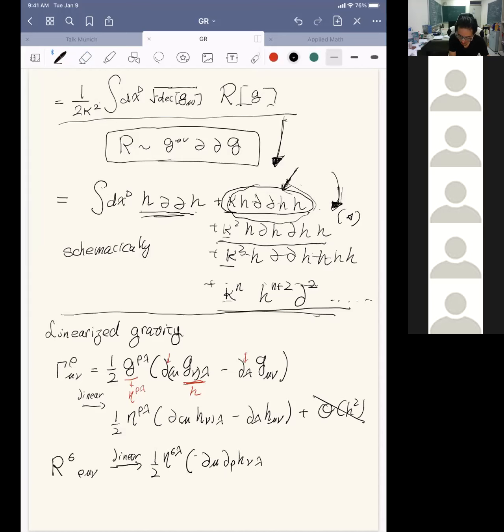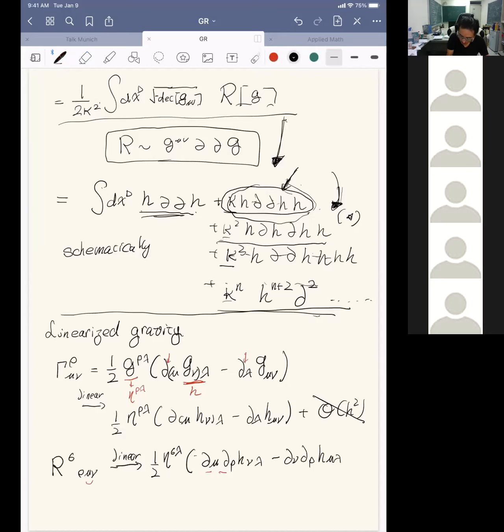When you're writing things linearly, you can basically straightforwardly write down the entire thing, because of course we know that this must be two derivatives. So you just write this term down. But then you know that this must be antisymmetric in μ ν. So then immediately you know that there should be a term that looks like this, where μ and ν are exchanged.